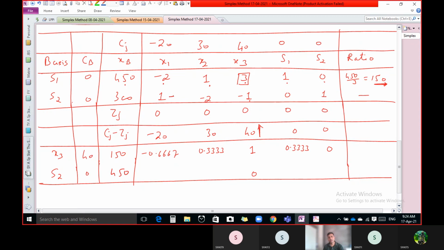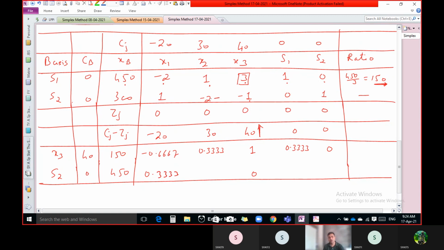Now this 1 minus what? Here it is minus 2 and in this row it is minus 1. This value into this value, that is 2. 2 divided by 3, that is 0.67. 1 minus 0.67, we get 0.33333.